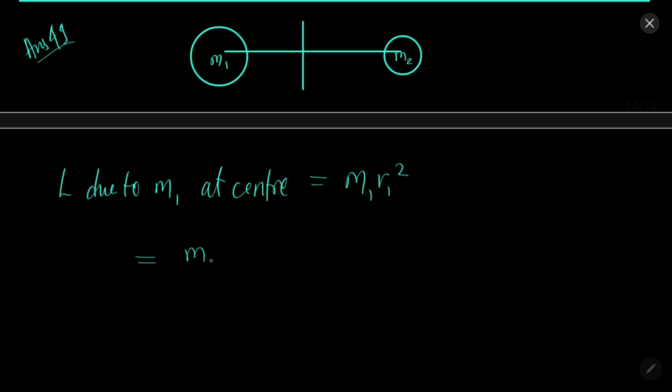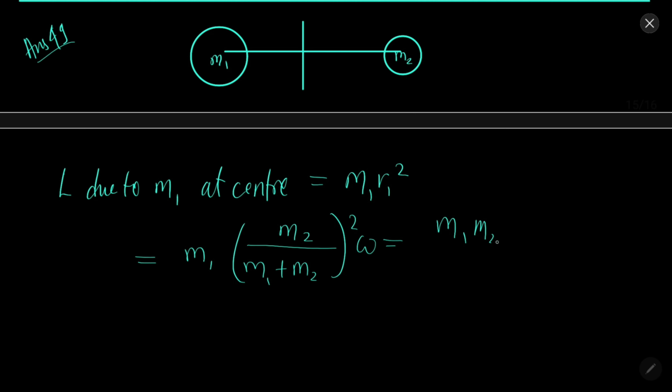It will be M1 M2 over M1 plus M2 whole square omega, M1 M2 square R square over M1 plus M2 square into omega.